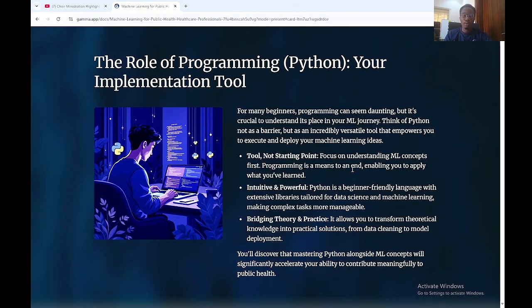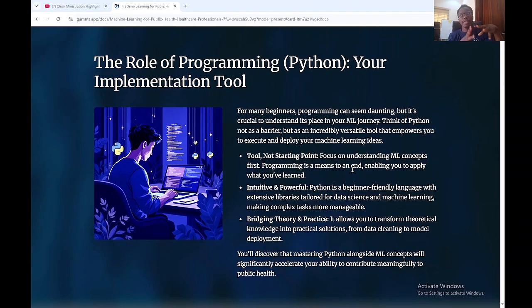Python is a beginner-friendly language, with extensive libraries like Pandas, NumPy, Scikit-learn, Matplotlib, Seaborn, and lots of them that are used for visualization and data cleaning. Some of the things you need to know is that Python is beginner-friendly, just like I said, with extensive libraries, a lot for data science and machine learning, making complex tasks more manageable.